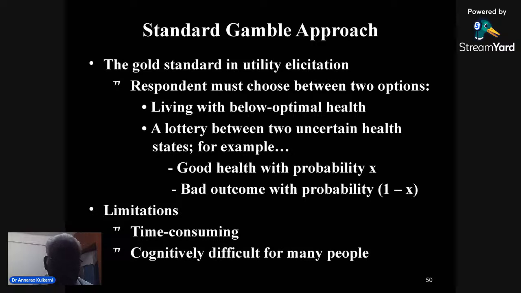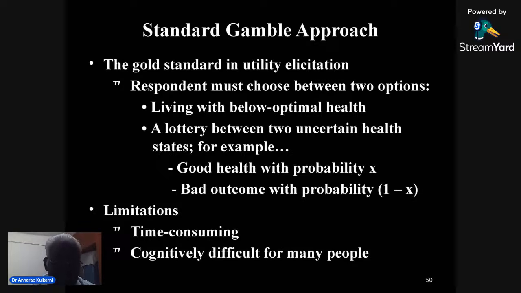The two uncertain health states are perfect health and death, which can be valued as 1 and 0 respectively. The two uncertain health states don't have to be perfect health and death only. The only requirement is that the certain health state be in between the two outcomes associated with the gamble.